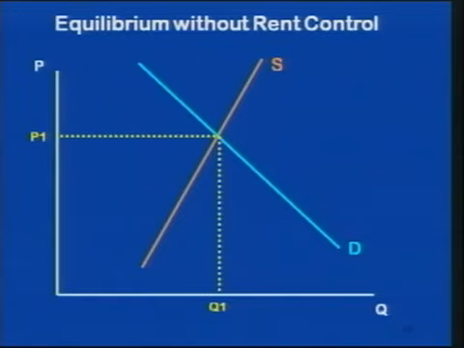Okay? The problem that many people would see in this situation that would give rise to rent control is that we think that the price is too high, that it's unfairly too high, or it's bad because it hurts low-income people, or whatever. For some reason, we feel that we don't think the price is right.